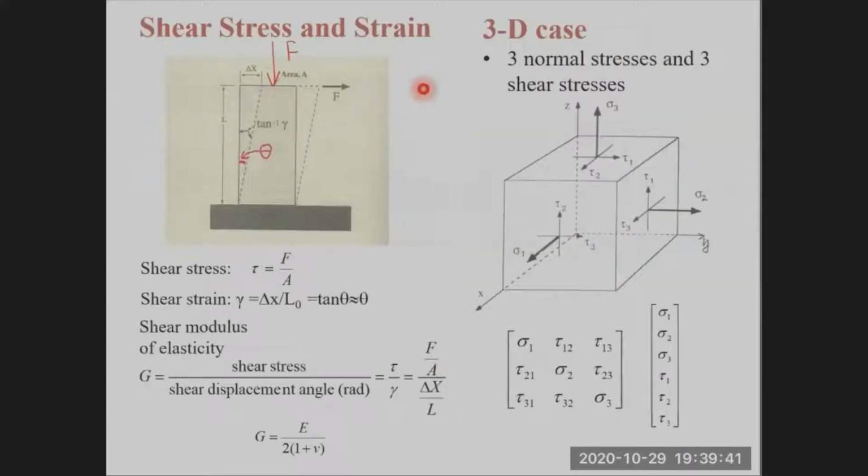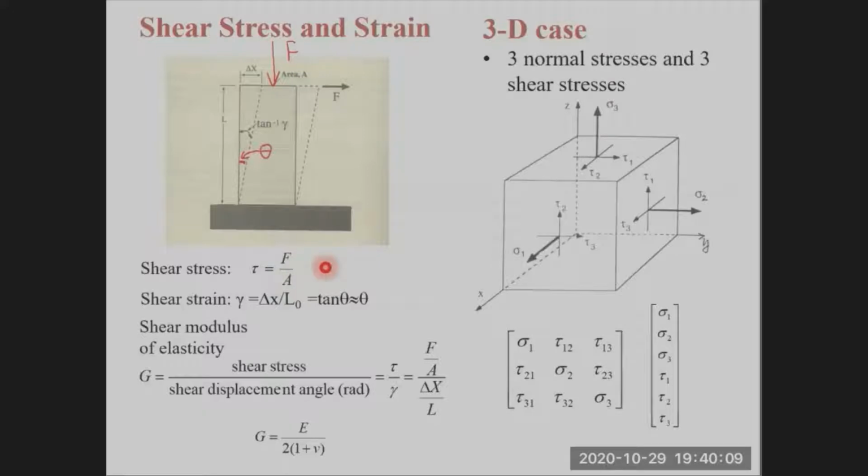If the force is parallel to the surface, such as this one, this force is called shear force. And then the shear stress, tau, is defined as F over A. Again, the force per unit area. So the shear stress is simply the shear force divided by the surface area.